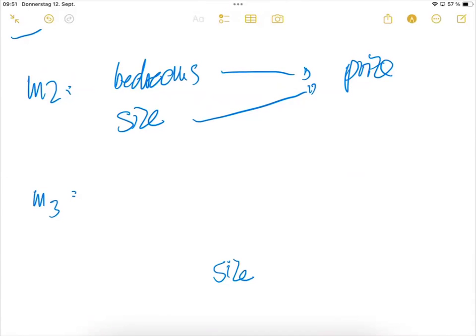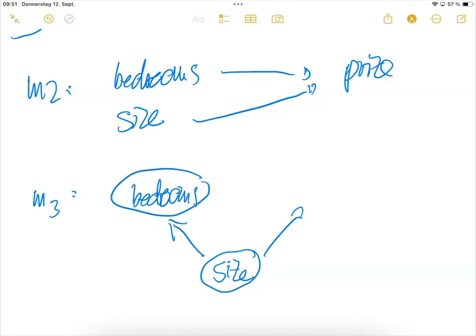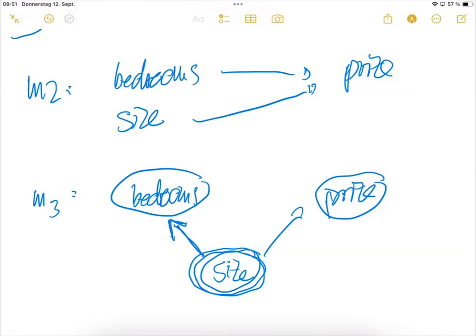We've got here size of the property as the common cause of both bedrooms and of the price that is being sold. And if you think about it, I find it quite plausible, because look, size: the larger the house, the more bedrooms you will have, as a causal claim. So all three models here are causal models.